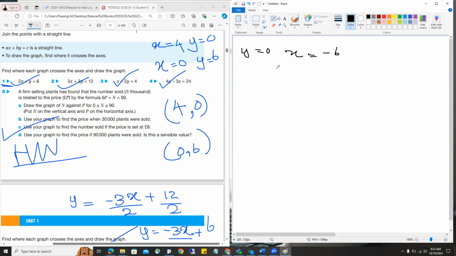Then when x is equals 0, y is equals what? 6. Yes, very good. What are the two coordinates? -6, 0 and 0, 6.